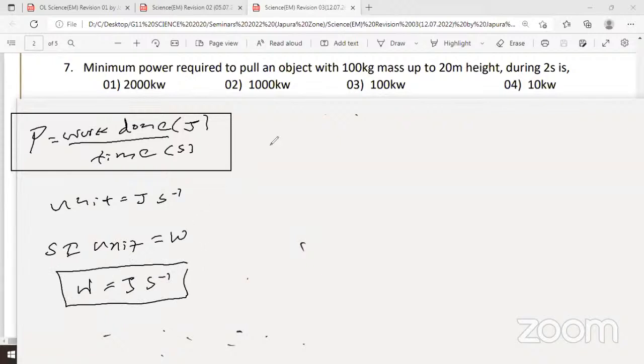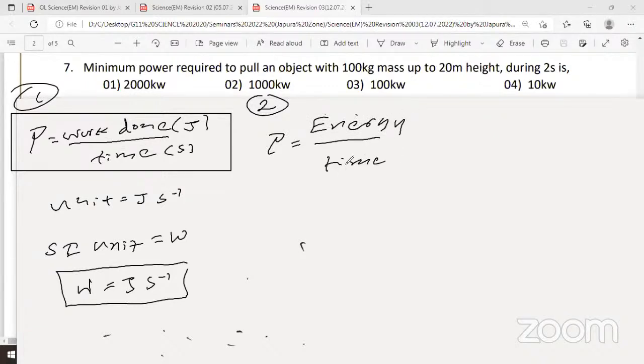The first equation to calculate power is from grade 10 chapter 18. The second equation: write all these in the same place in your short notebook. P equals energy divided by time, the energy given out or gained divided by time taken.